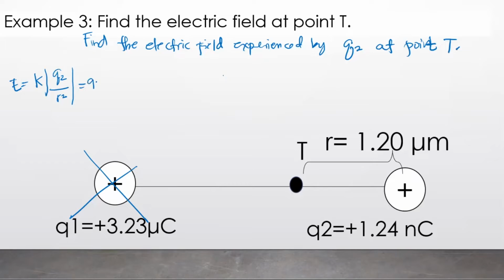So we have 9 times 10 raised to 9 Newton meter squared per coulomb squared, times our charge, which is 1.24 times 10 to negative 9 coulomb.